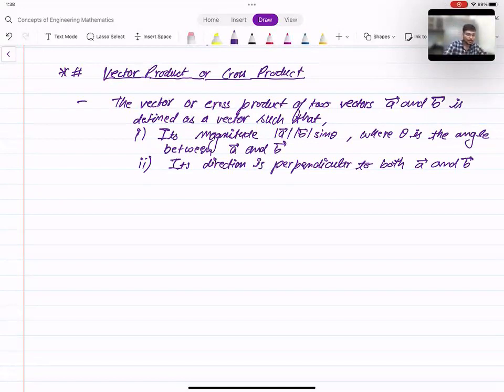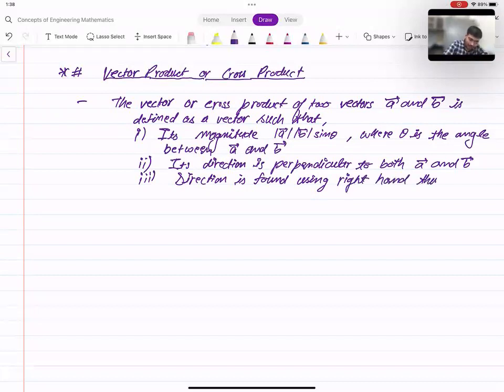So the direction is found using the right-handed system: the right hand thumb rule or the right-handed screw rule.